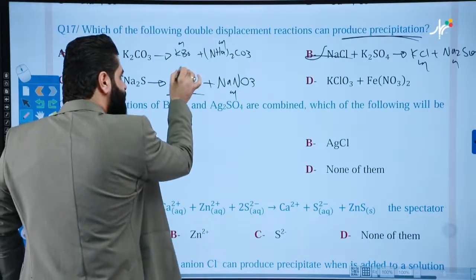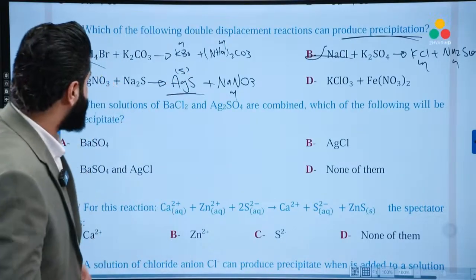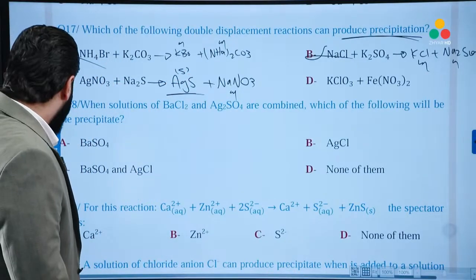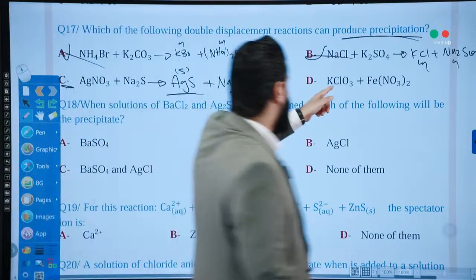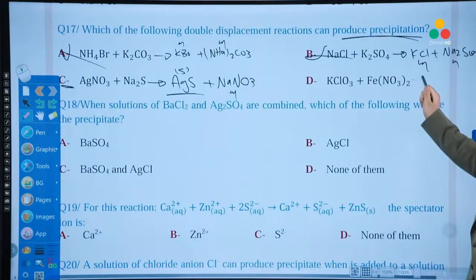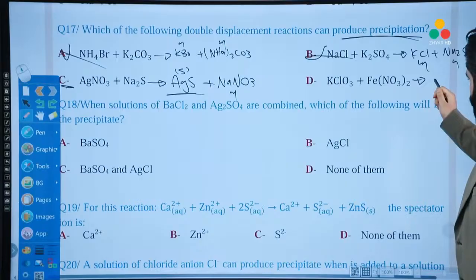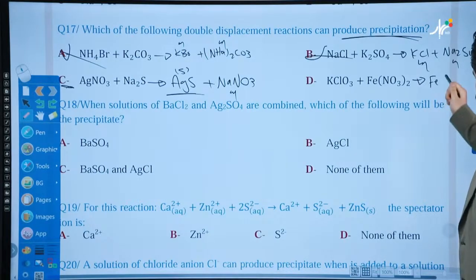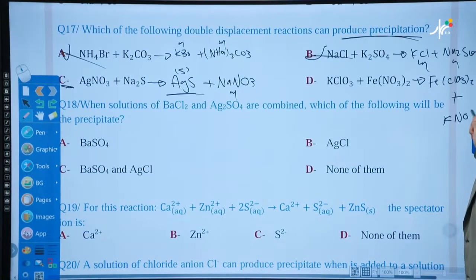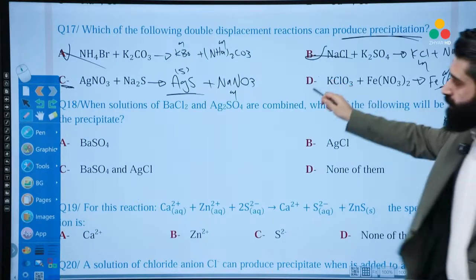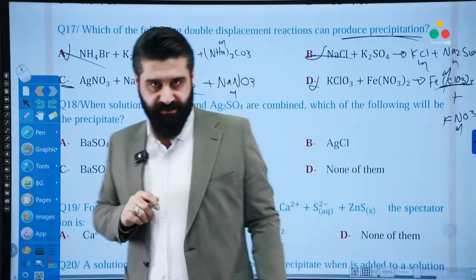So this is a solid substance. So this is the correct answer. How about this one? Let's have the double displacement reaction for this. It will become Fe(ClO3)2 plus KNO3. Look, chlorate compounds are always soluble. This is soluble also. No, C is the correct answer.